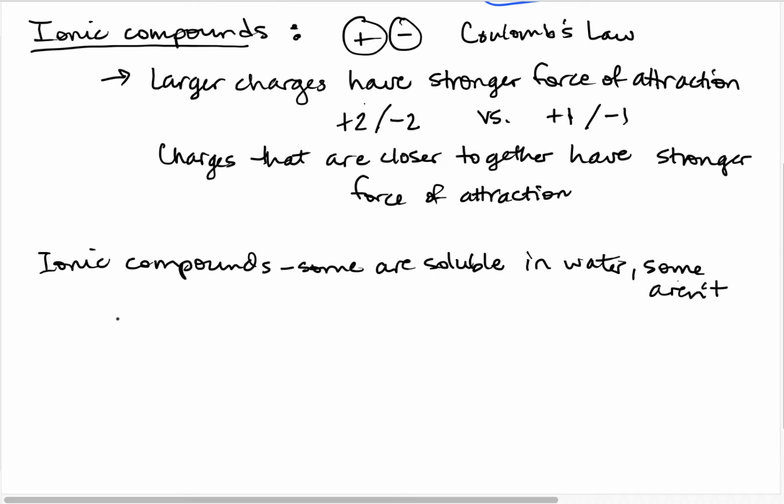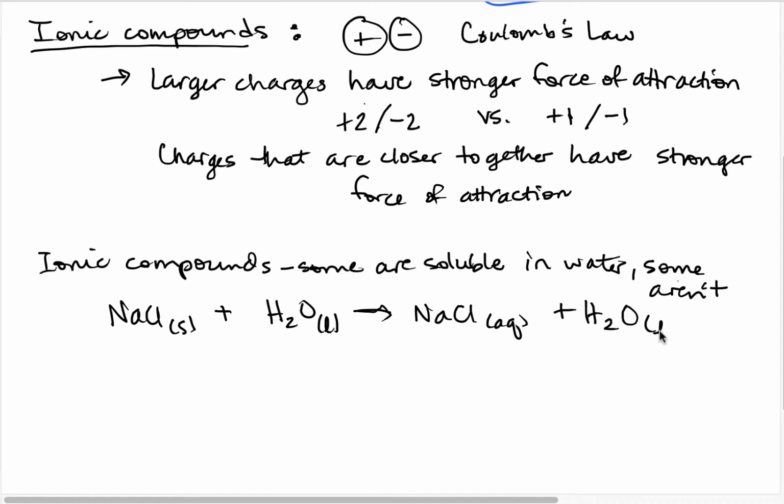So when you have an ionic compound like sodium chloride, table salt, you know that when you put table salt into water, I guess I should not draw it that way. I'll just draw it with a plus. What happens is the table salt is going to dissolve. And so we would write NaCl aqueous, and if we were balancing it, we would just write the water again.